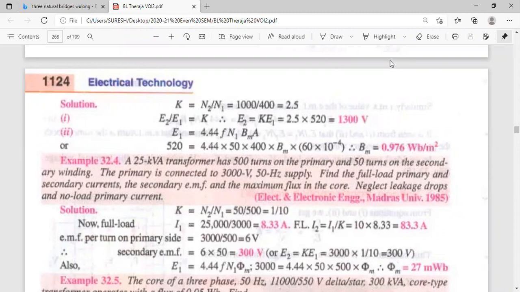Yes, sir. Now, what is the power rating they are giving, S? What is the unit of S? Volt ampere.